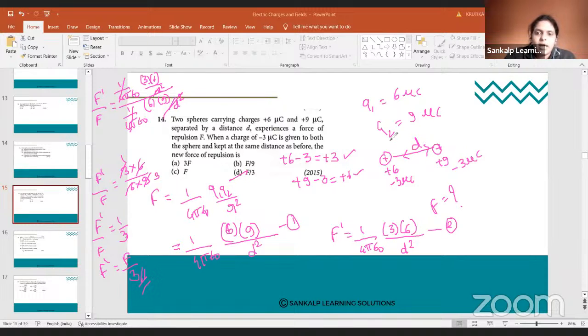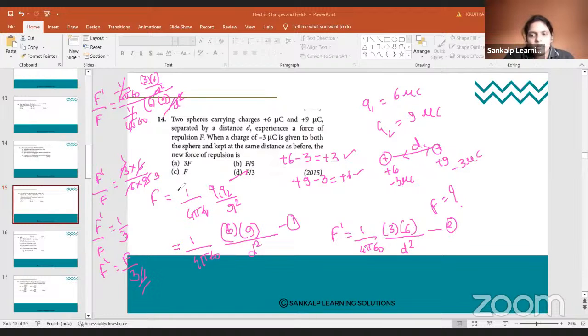Yes. So now I am giving minus 3 microcoulomb to both the bodies. So when minus 3 is given to 6, plus 6 minus 3 becomes plus 3. And when minus 3 is given to plus 9, plus 9 minus 3, it will be plus 6. So if I simplify, the new charge is plus 3 coulomb and plus 6 coulomb.